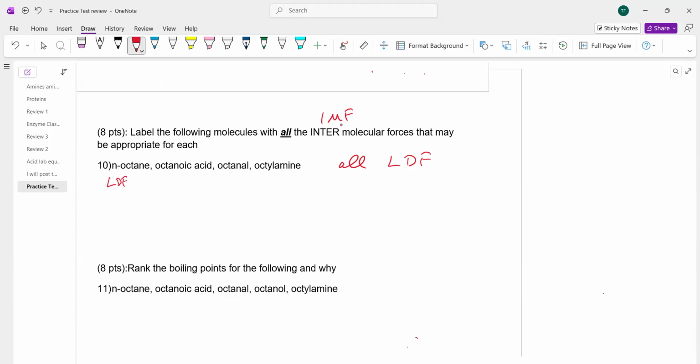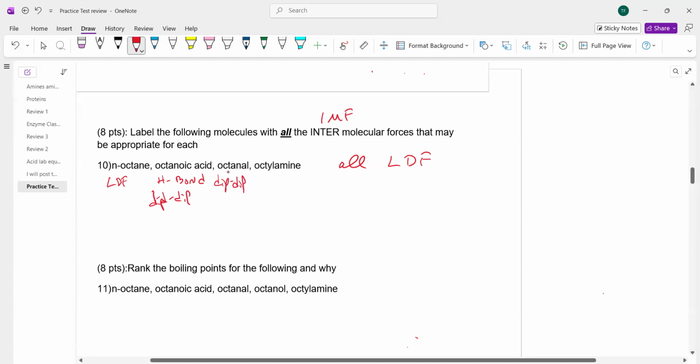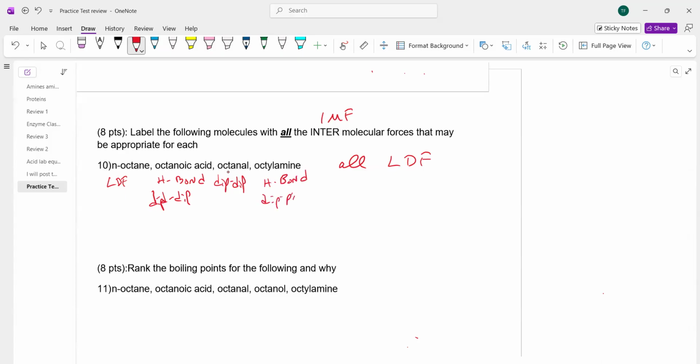This one has hydrogen bonding and dipole-dipole. This has got dipole-dipole besides the LDF. And this has got H bonding and dipole-dipole.